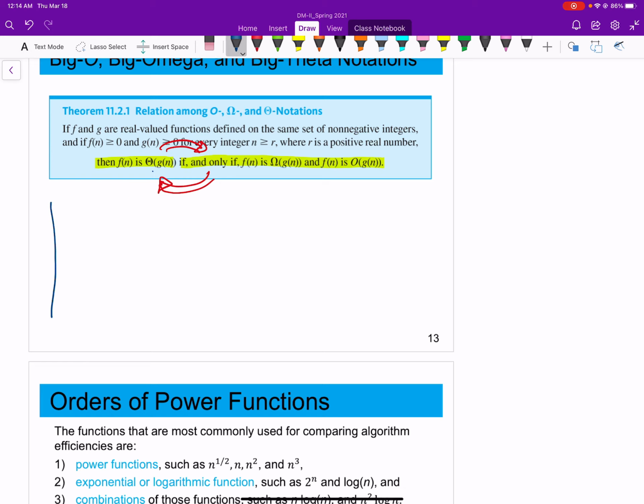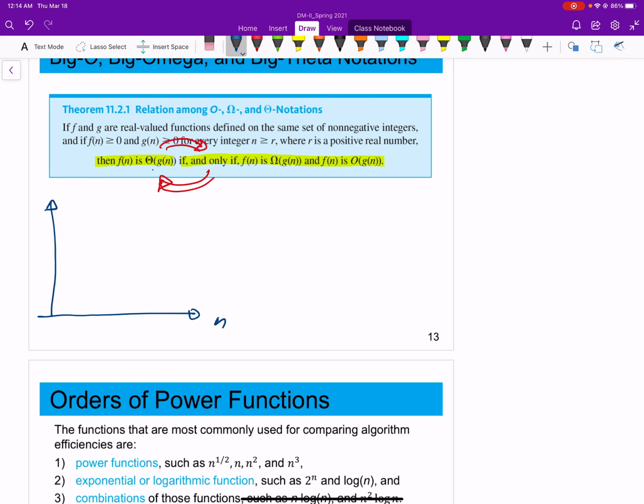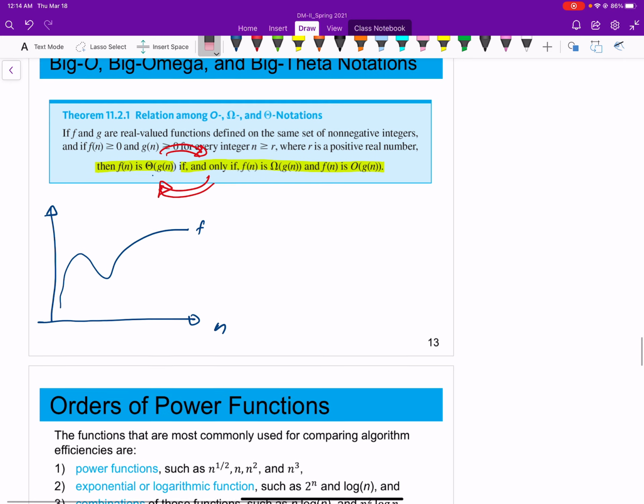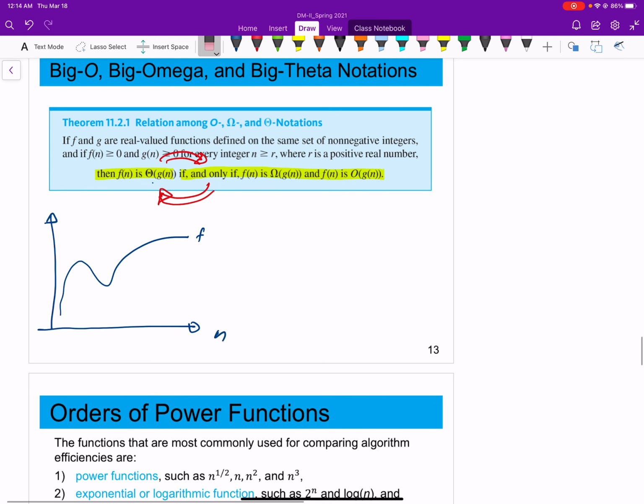Let's say this is the function for the worst case complexity, which is f, and that is n.